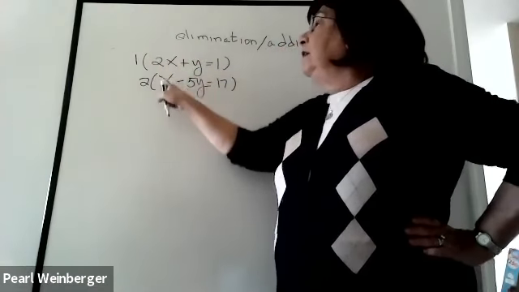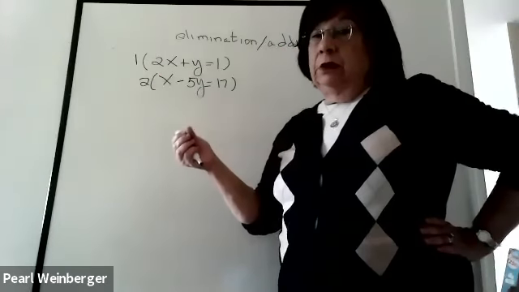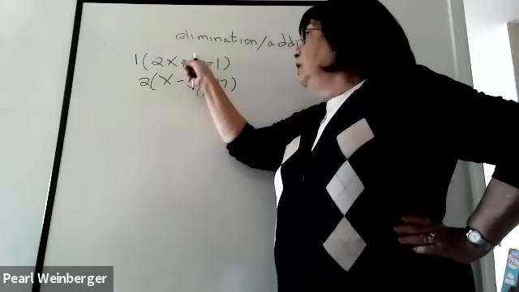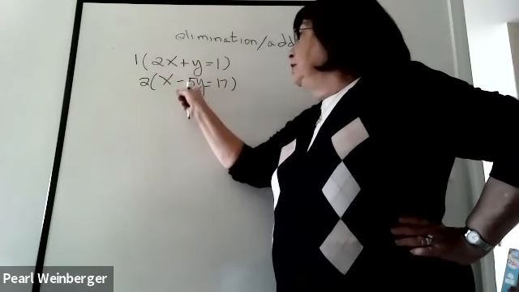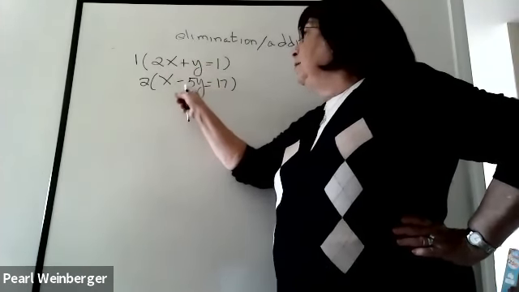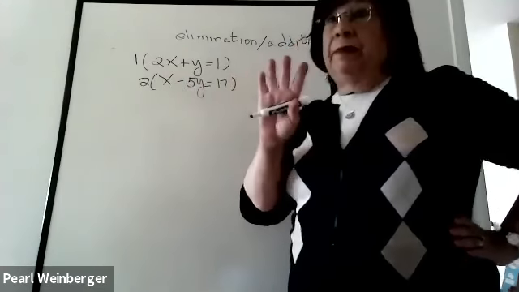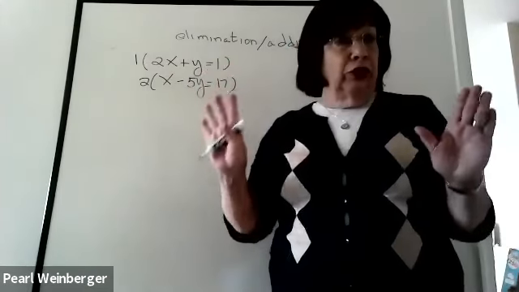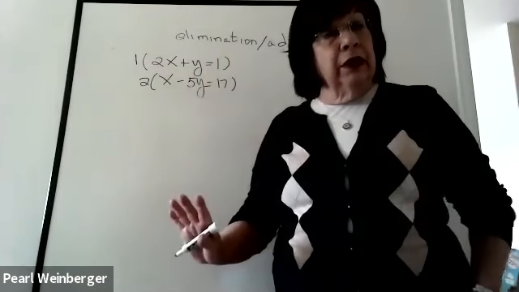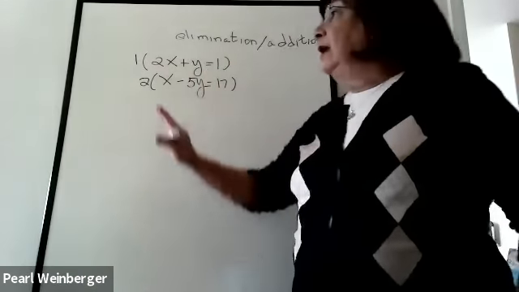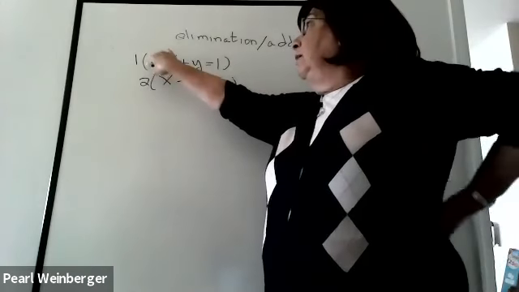Multiply them by their opposite coefficients. If it would have been y that you wanted to get rid of, the top one you would have had to multiply by the 5, the bottom by 1. Notice I'm not using a plus or a minus, I'm just looking at the number first. After I've decided what number I'm going to multiply by, then I look.